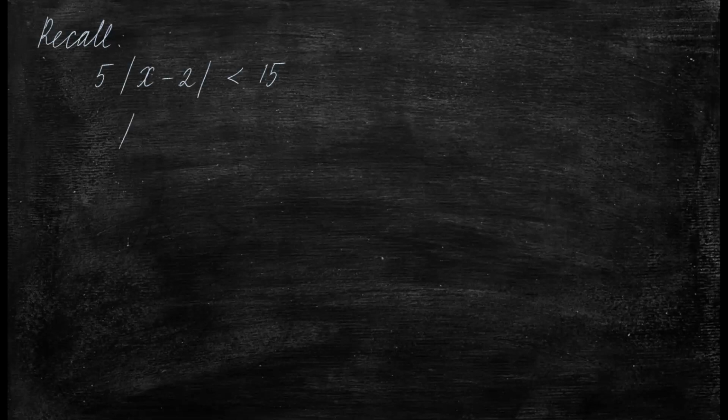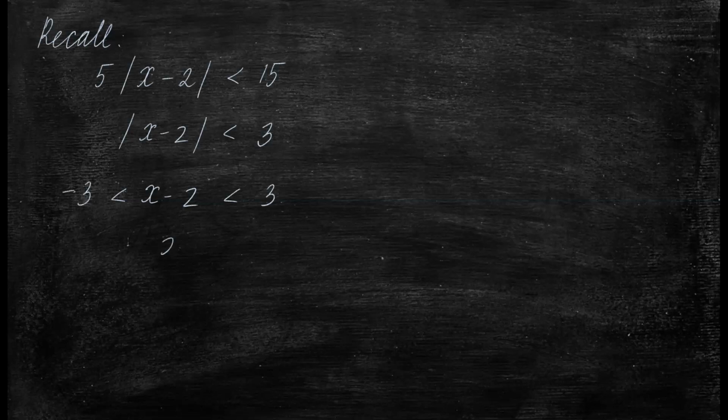The first step we do, we isolate the absolute value by dividing both sides by whatever the number in front of the absolute value. In this case, 5. So 15 divided by 5 is 3. And then we use some knowledge of this type of absolute value inequalities, and we rewrite this inequality as a two-sided compound inequality.